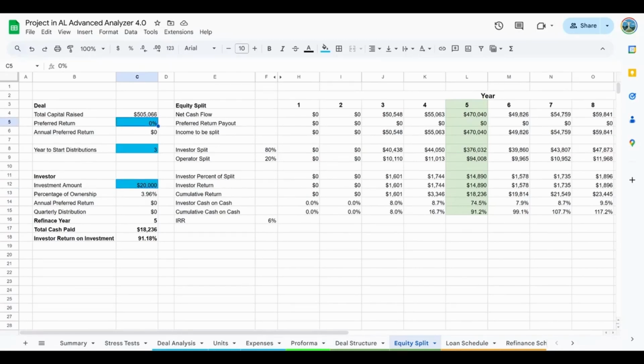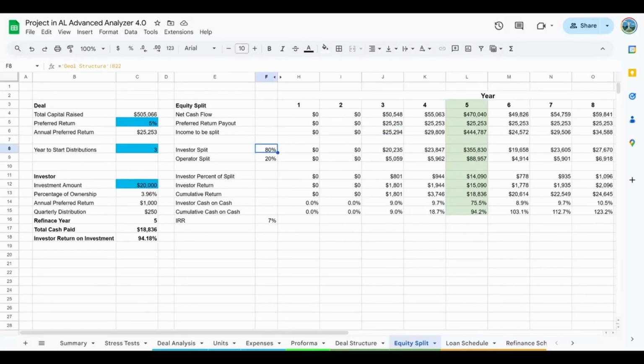Under the deal, you can give the investors a 5% preferred return. And what that does is it gives the investors 5% of the cash flow up front guaranteed. And then the remaining cash flow is going to be distributed based off our investor split.